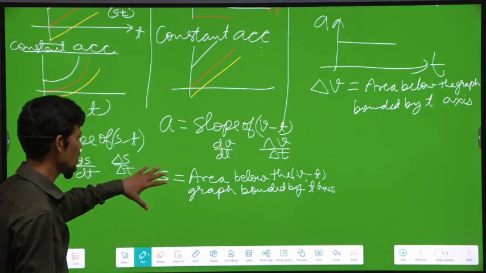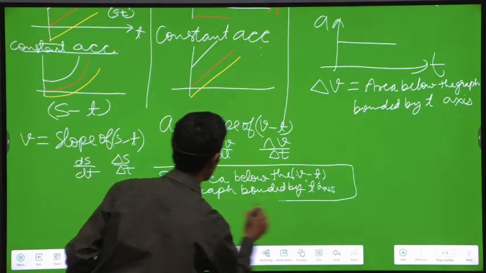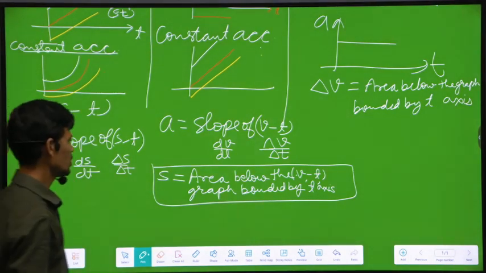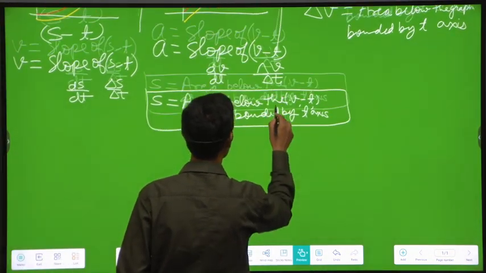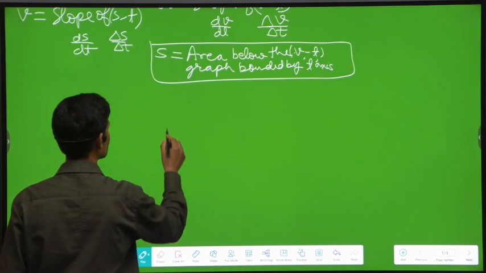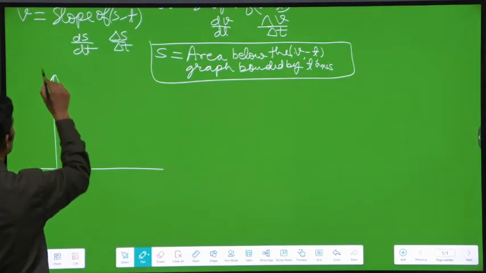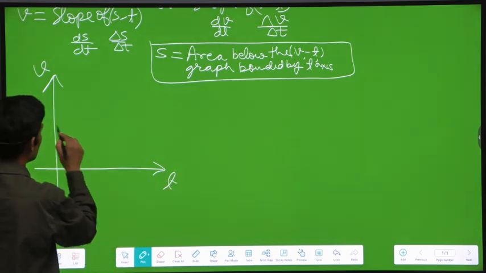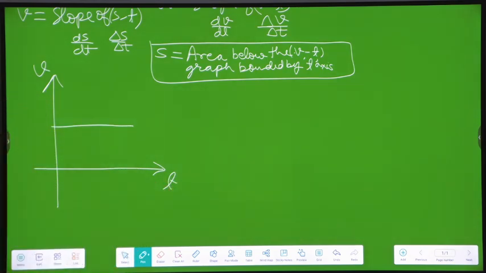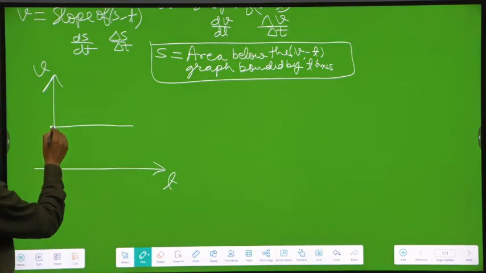Now focus here, and especially this part. Remember that if there is a VT graph like this, then it has a definite value of velocity.